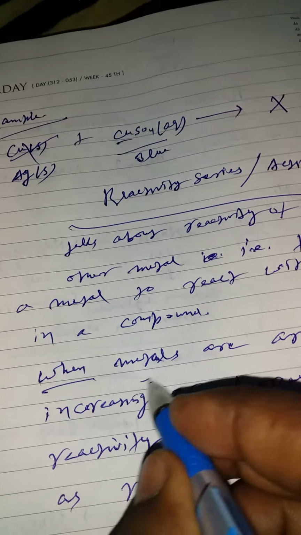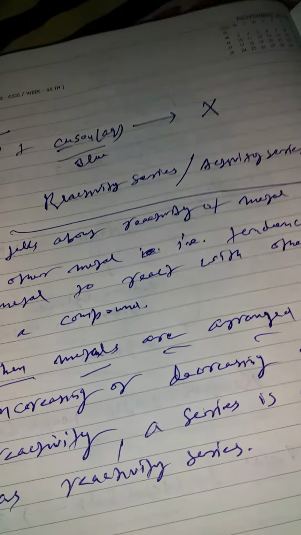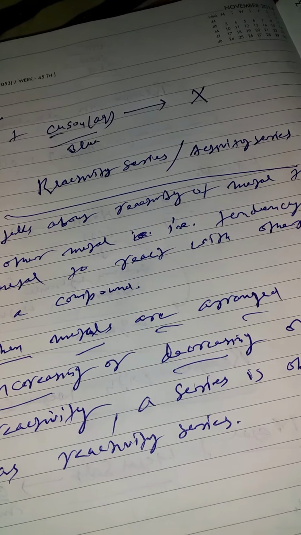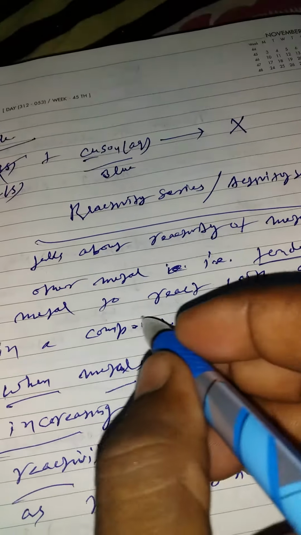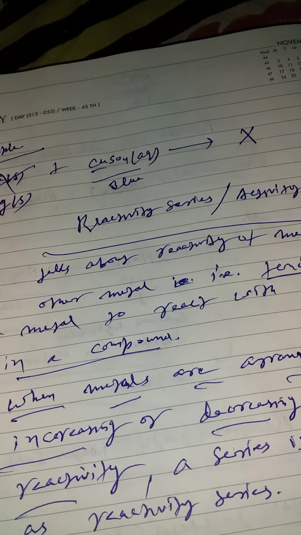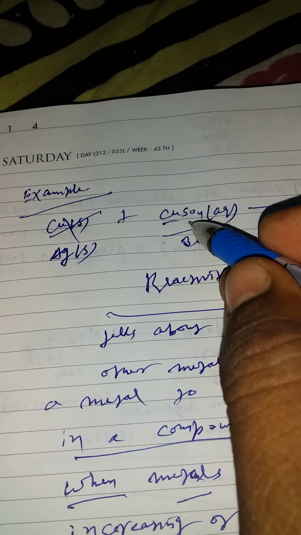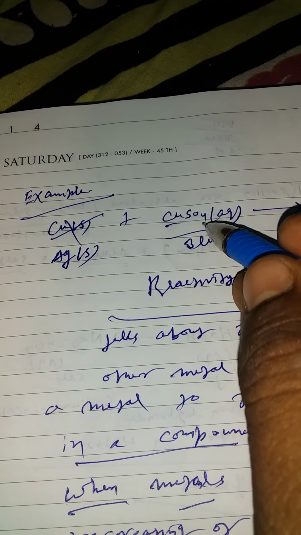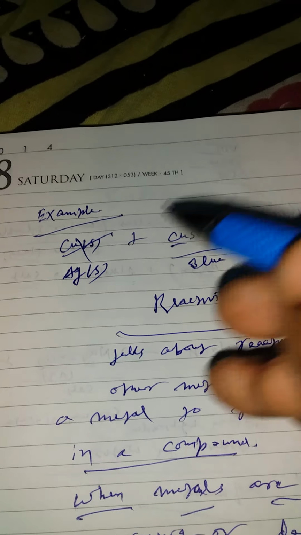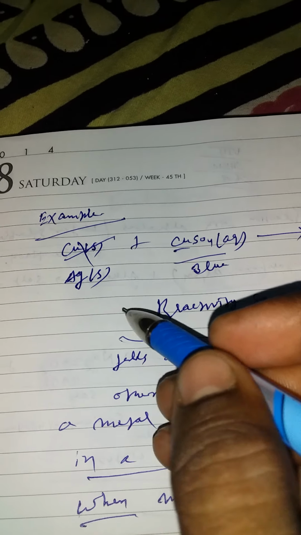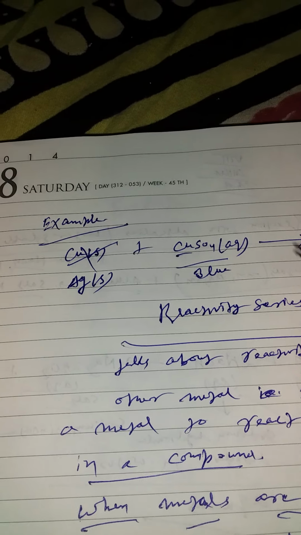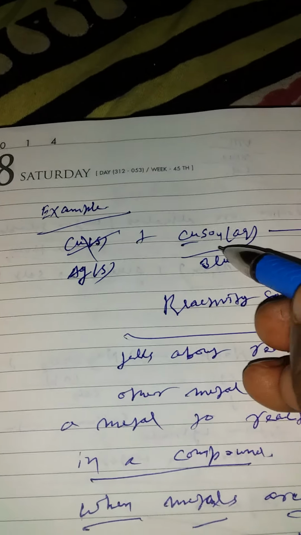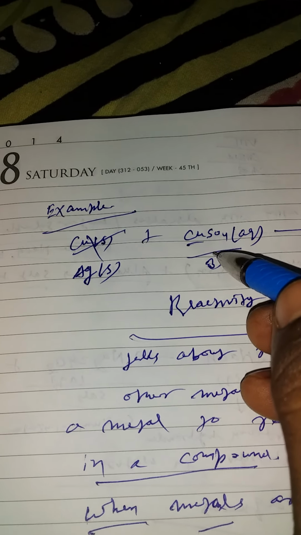Reactivity means tendency of a metal to react with other metal in a compound. Here, a metal in the form of compound reacts with silver, then no new substance is formed because this silver is less reactive than copper.